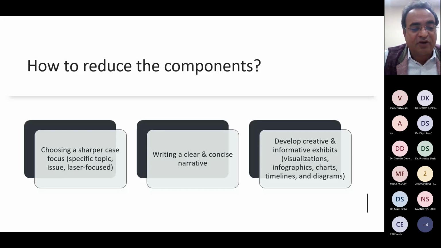So the three possible ways to reduce the components of the case to make it compact are to have a sharper focus by choosing a very specific topic or subtopic, write a very clear and concise narrative, and develop creative and informative exhibits which can substitute your detailed narrative so that you can target your cases to be compact, right? Next slide.